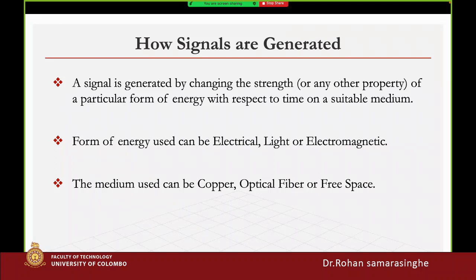As I told you, if it is a copper line, it generates electrical pulses; if it is a fiber optic medium, it generates light signals; and a wireless connection produces radio signals. The form of energy used can be electrical, light, or electromagnetic. The medium used can be copper, optical fiber, or free space. Radio signals are transmitted in free space.